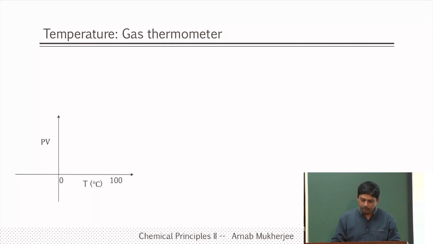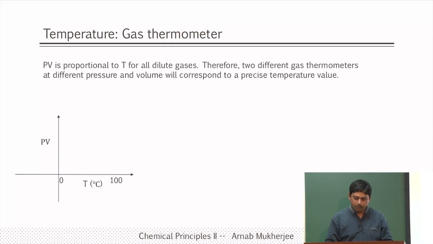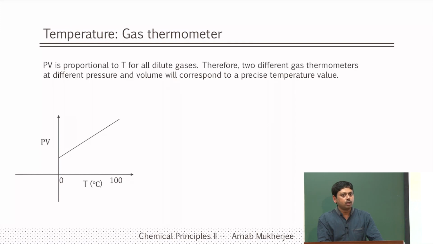People have seen that when you calculate pressure times volume with temperature, then for all dilute gases you get a linear behavior. So, if you calculate PV at two different values, one when it is in contact with ice, another when it is in contact with boiling water, then one can draw a straight line between them, and another pressure also is linear.